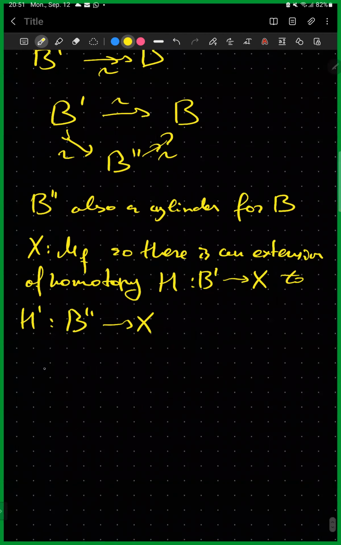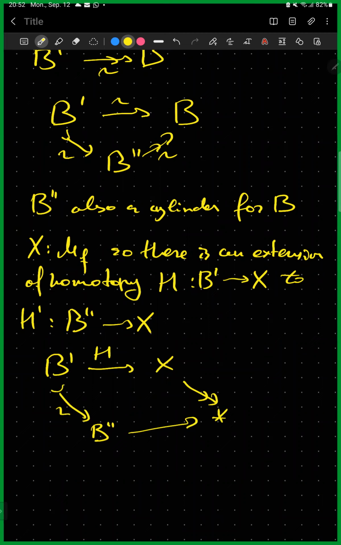Well, we just consider this map H, consider the fibration to the terminal object, consider the trivial cofibration, which exists by the definition of B double prime, and consider the unique map to the terminal object.